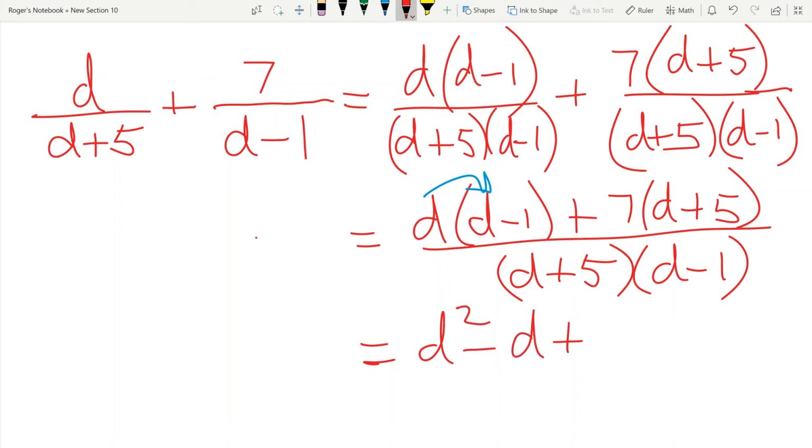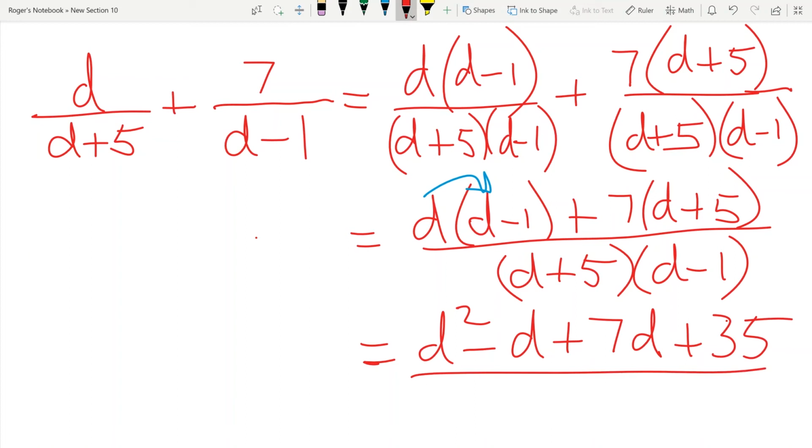Then plus 7 times d is 7d, plus the last thing, 7 times 5 is 35. All of this is being divided by d plus 5 times d minus 1.